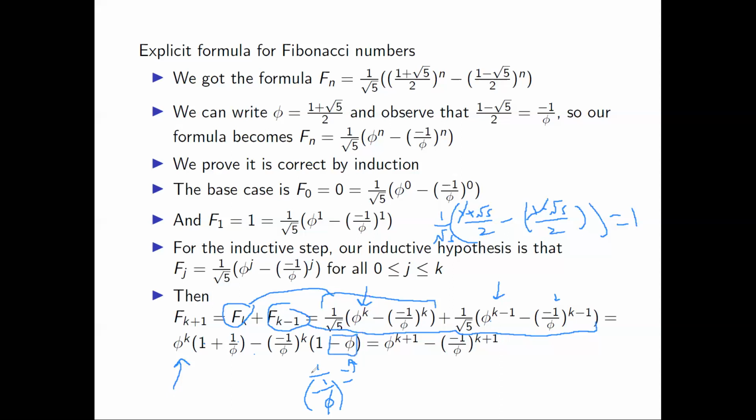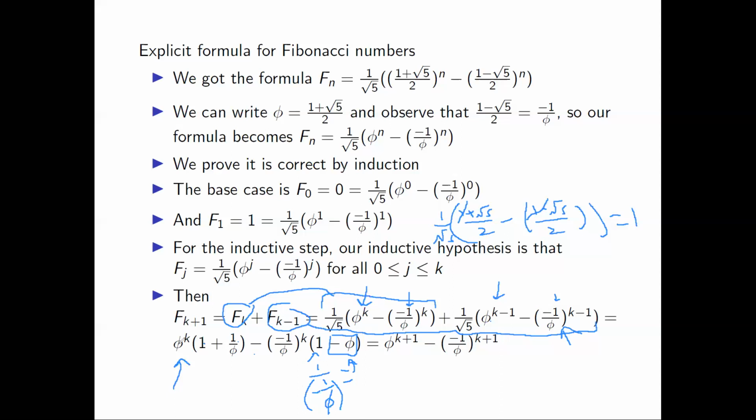So that's why we got a 1 from this minus 1 over phi to the k, and we got the minus phi right there from the minus 1 over phi to the k minus 1. So we can see that both of those expressions are equivalent to each other. And finally, we can simplify this.